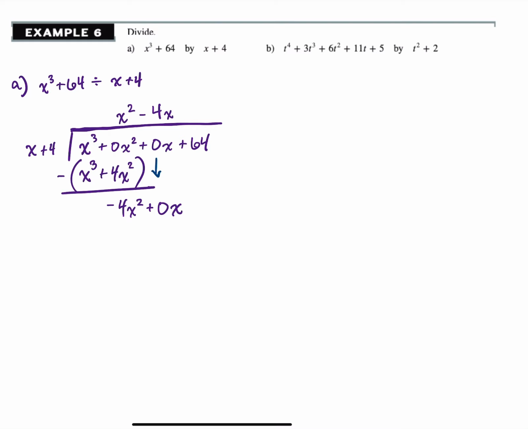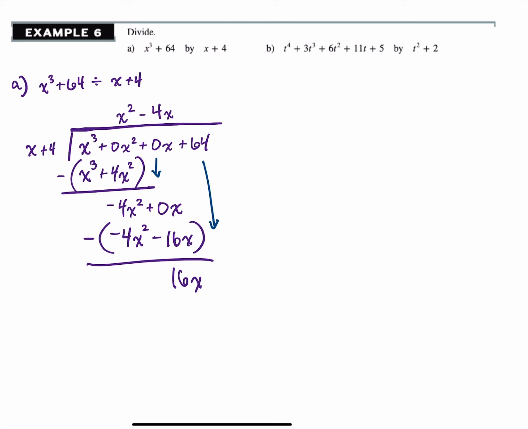So then when I distribute minus 4x to both terms, I will get my minus 4x squared. And then minus 4x times positive 4 will give me minus 16x. And this is being subtracted. The first term cancels, and then I have 0 minus negative 16x. The minus negative becomes positive. So this will give me a positive 16x here.